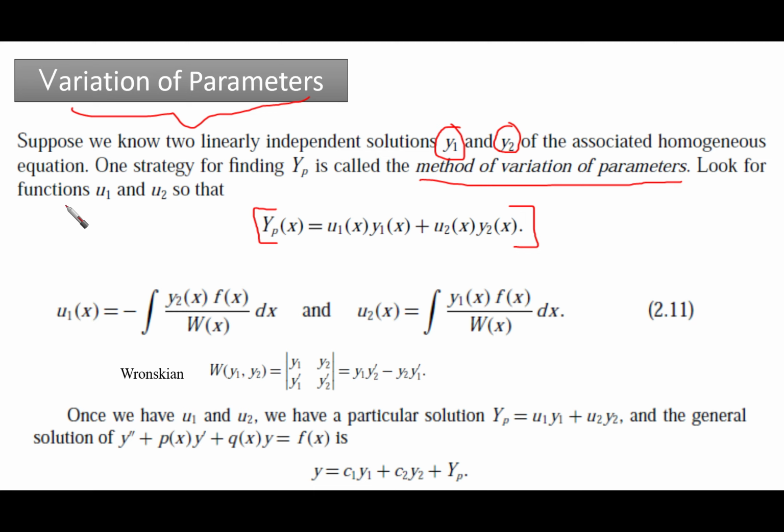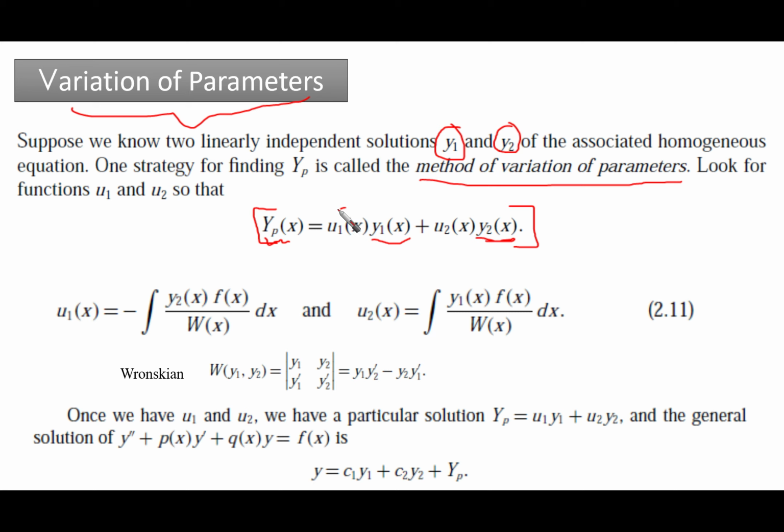After the derivation, you're going to find that y particular is related to the previous solutions of the homogeneous equation. So you can see here, we put y1 of x and y2 of x.